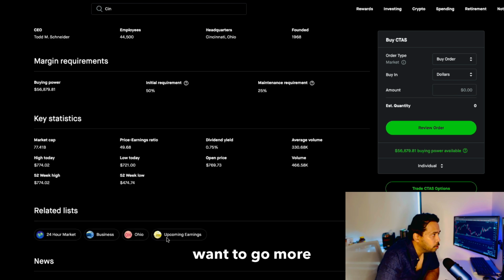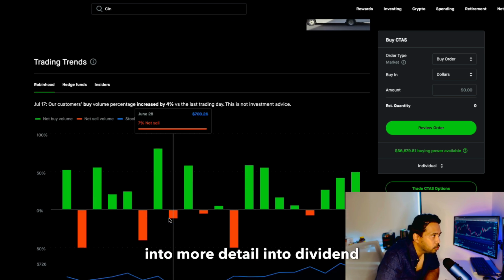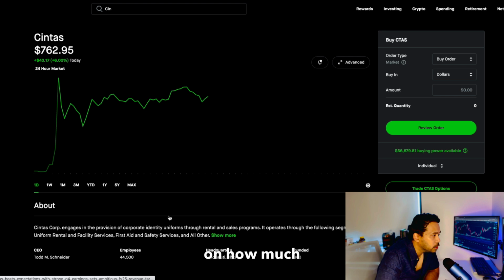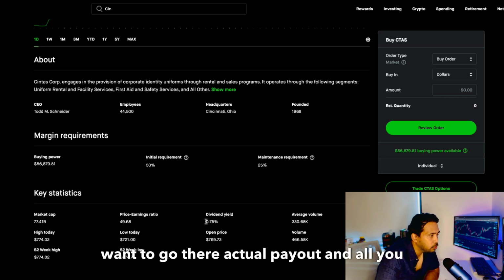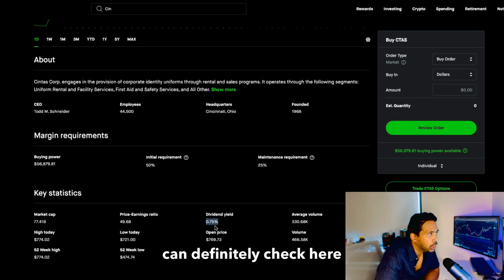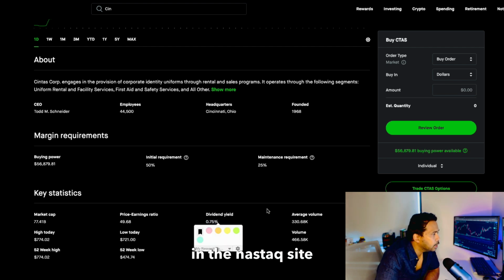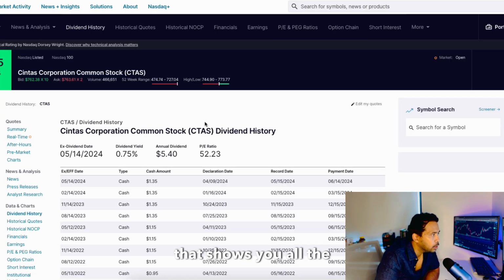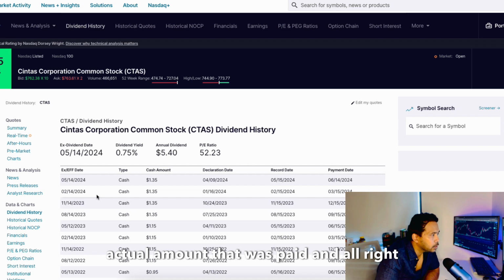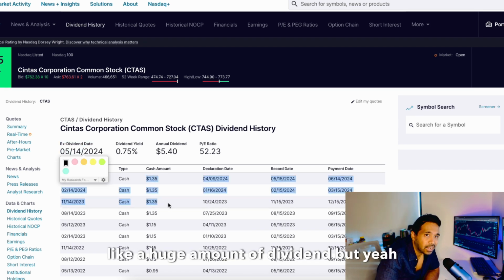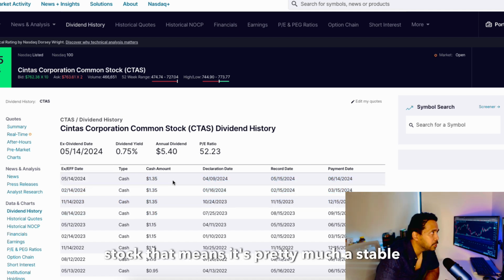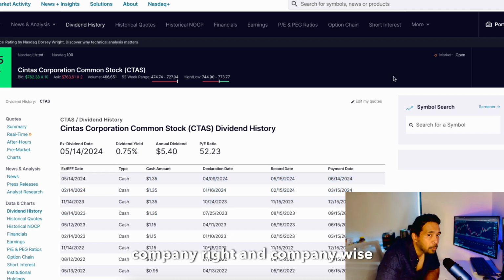If you want more detail on the actual payouts, you can check the Nasdaq site that shows all the actual amounts that were paid. Dividend wise, it's not a huge amount, but this is a dividend stock, which means it's pretty much a stable company, right?